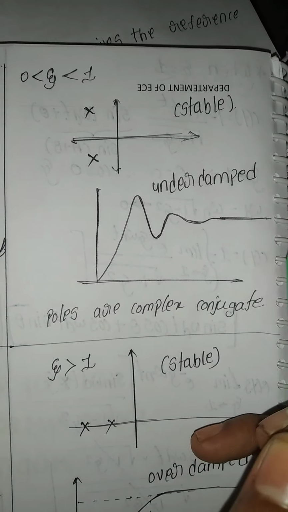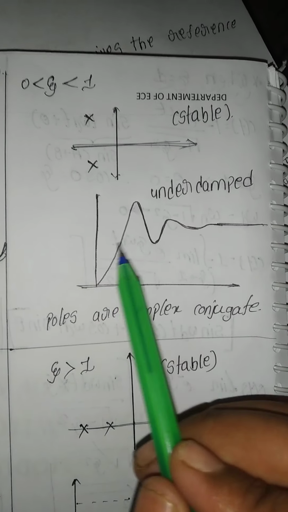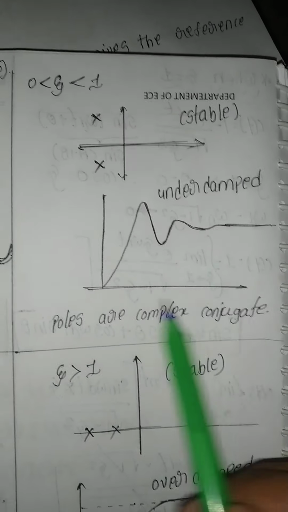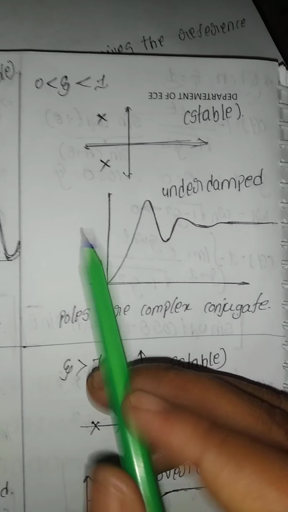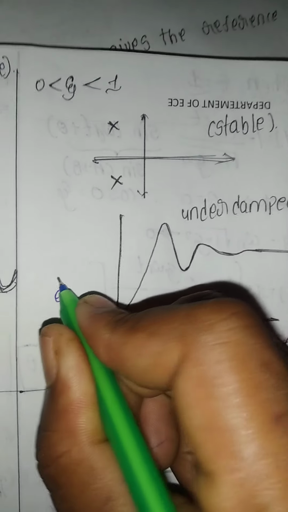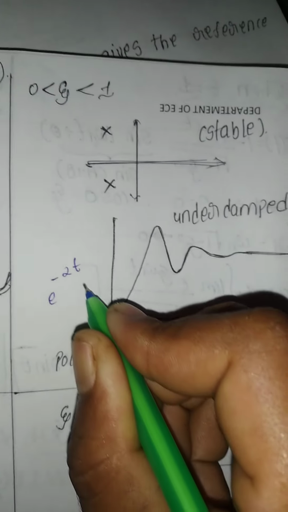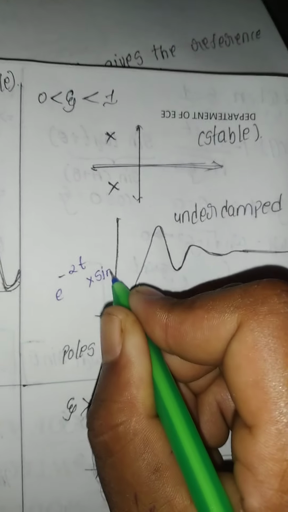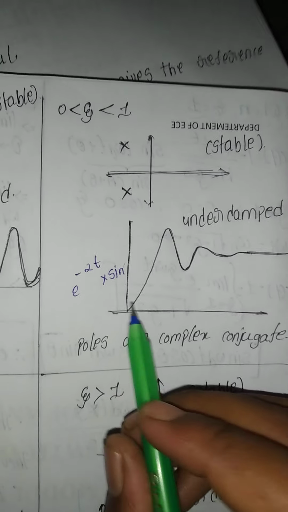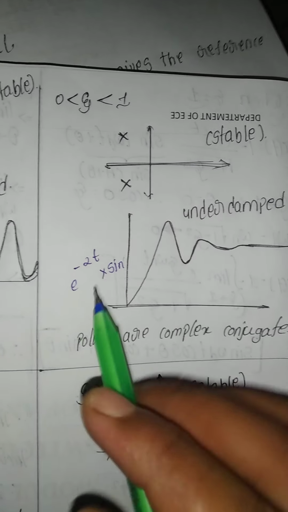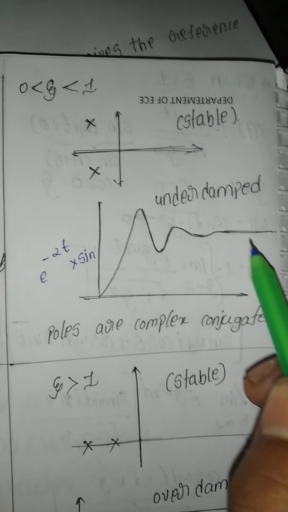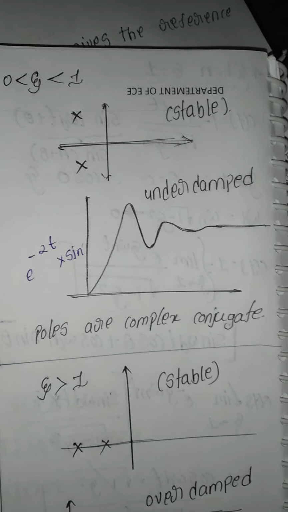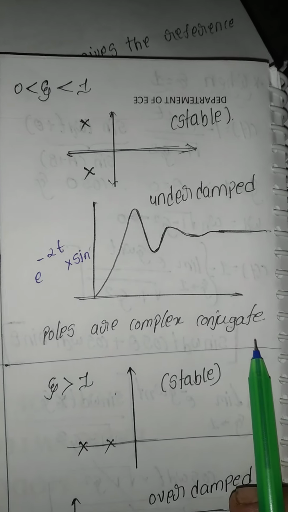The amplitude of the sine wave reduces with respect to time. Why? Because it is a multiplication of the exponential form: e power minus alpha t into sine of omega d t. That's why it reduces the amplitude of the sine wave. The poles are complex conjugate.